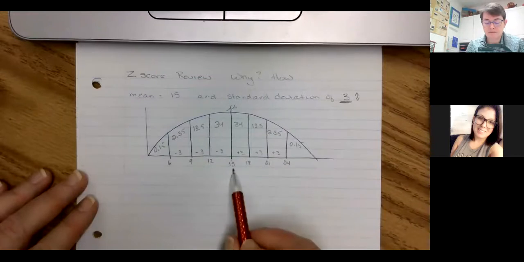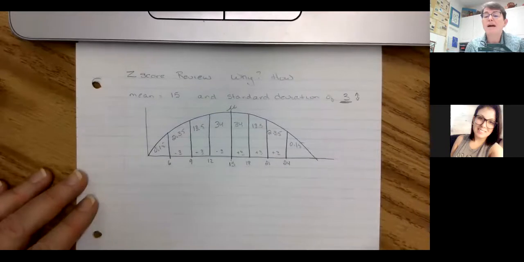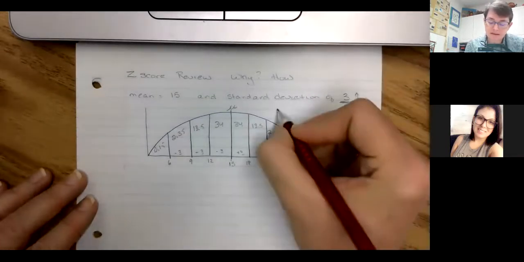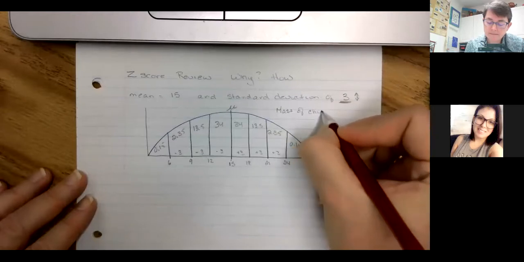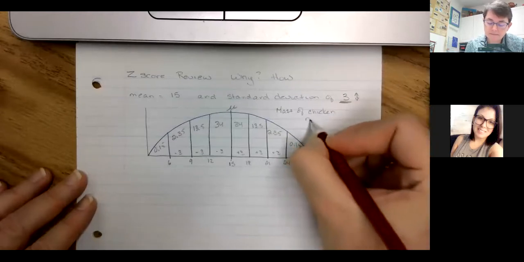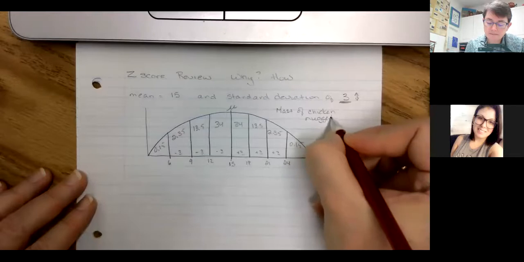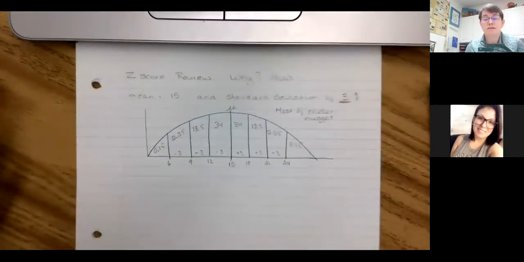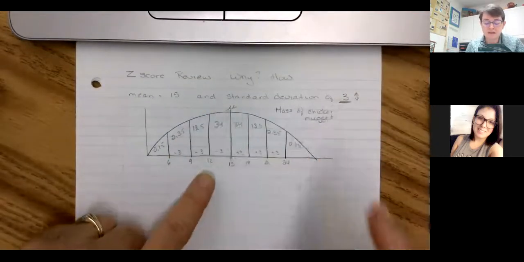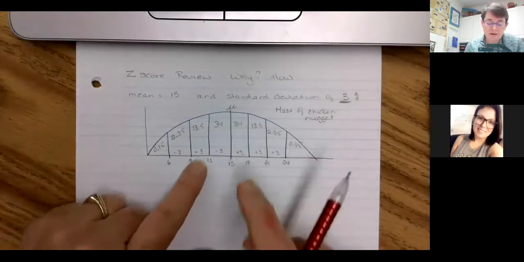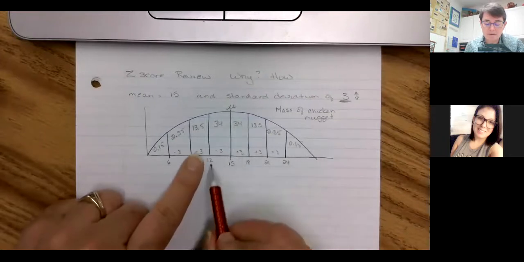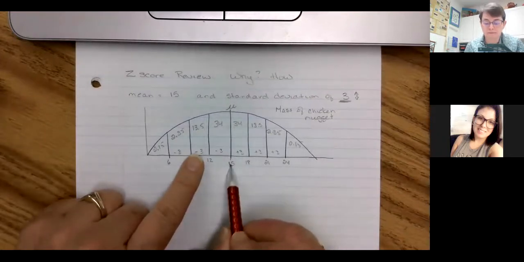Let's see. I'm trying to put this in context. I don't know, the mass of a chicken nugget. Why not? So just to make sure you guys understand what this means, if you had a box of 100 chicken nuggets, then about 34 of them would be between 12 and 15 grams.